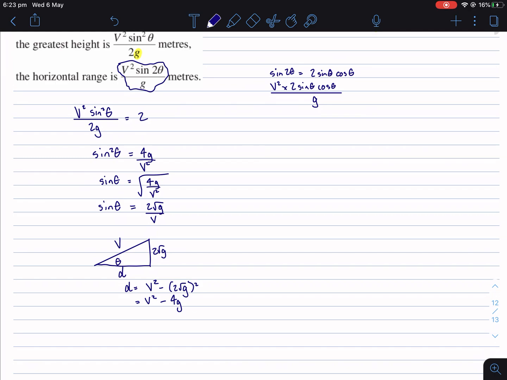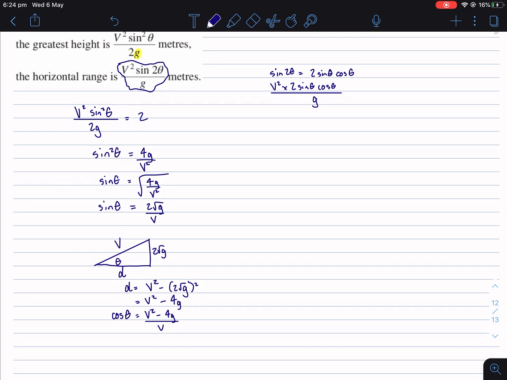Okay. So sorry, instead of trying to figure out d, what I needed to figure out was, oh yeah, d, because now I know cos theta, which is all I really cared about, is v squared take 4g over v.